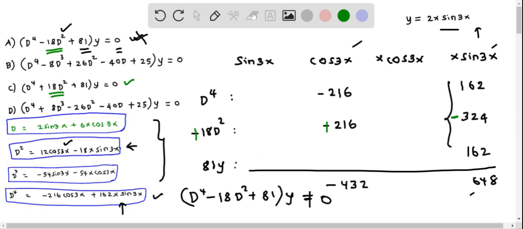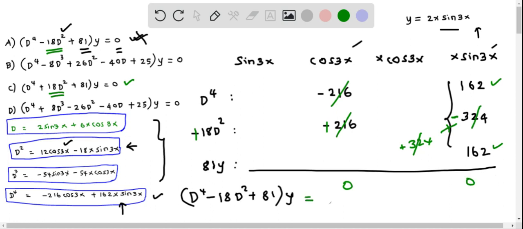Now when we add these, let me just clear this up. Clearly we can see that negative 216 and positive 216, these two become 0. As well as here we have 162 plus 162, which is positive 324. And positive 324 and negative 324, when we add together, we get 0.